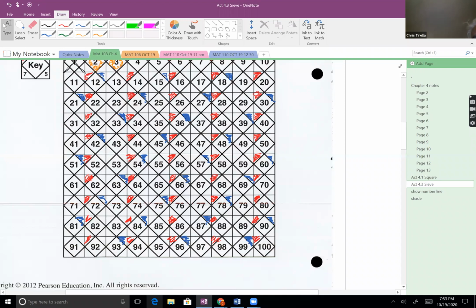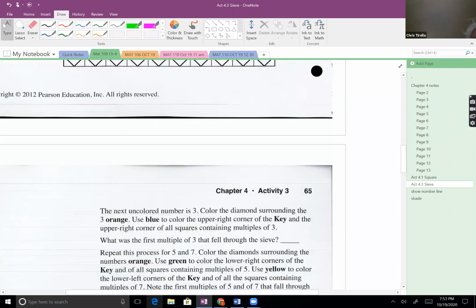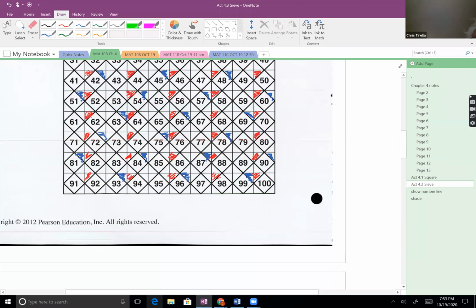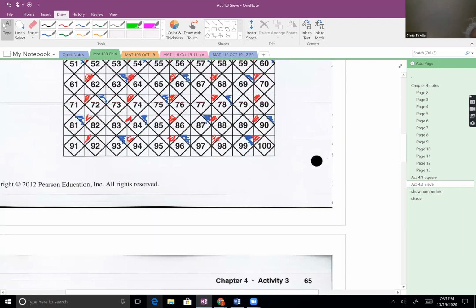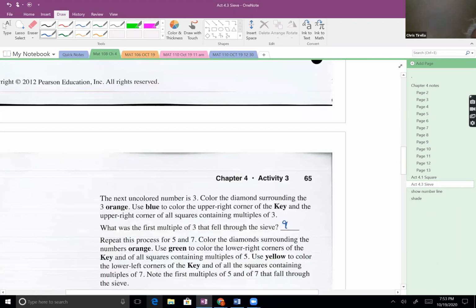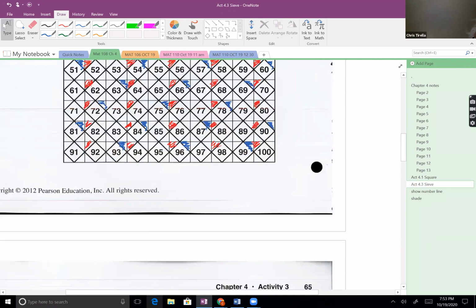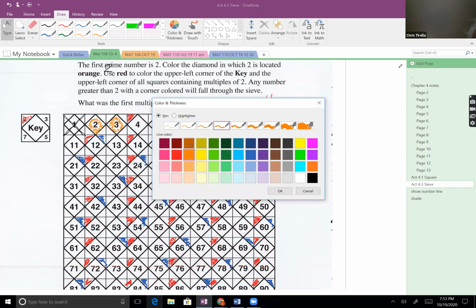And so all of those numbers are not prime. So now, what was the first multiple of 3 that fell through the sieve? Well, let's see. 6 was gone already. And so the first one that was left to fall through was 9. 5 is the next number that's left. Since it's left, it will be prime.